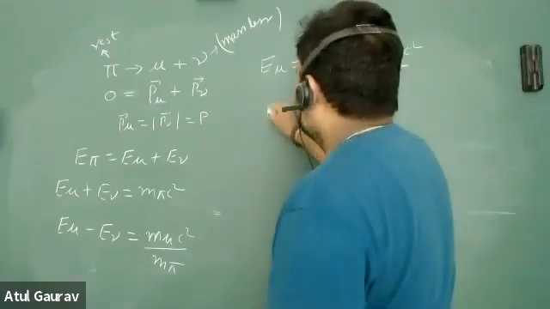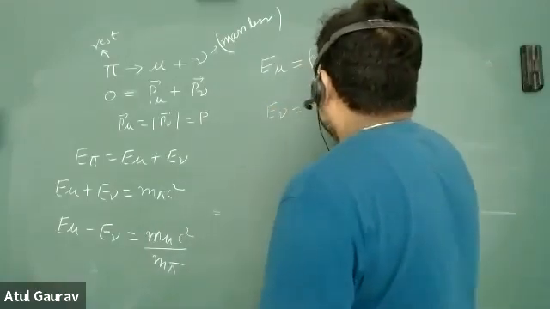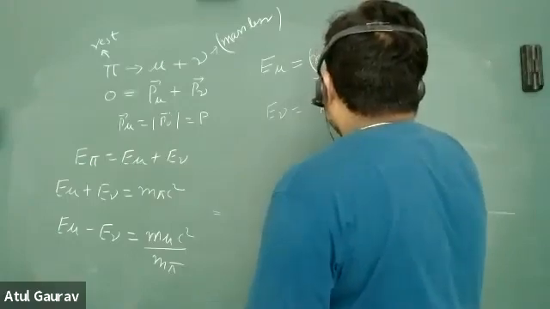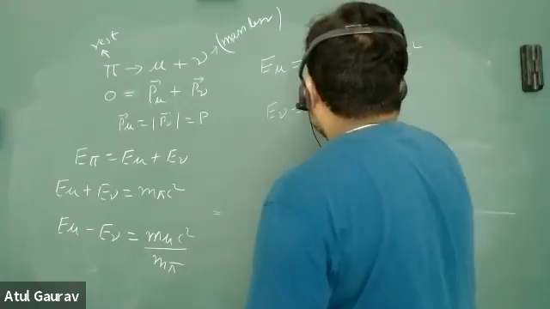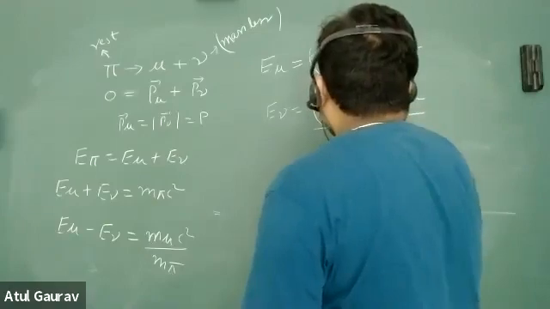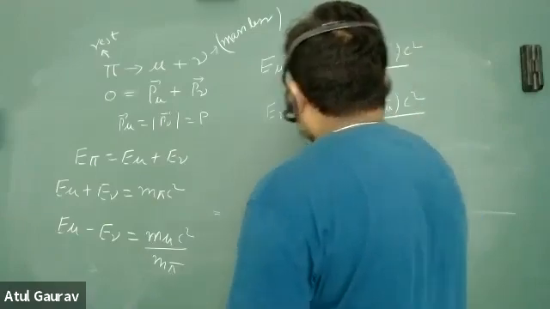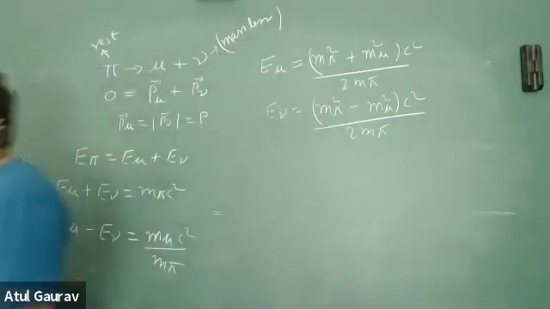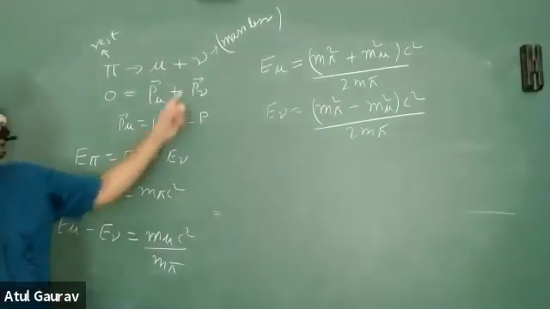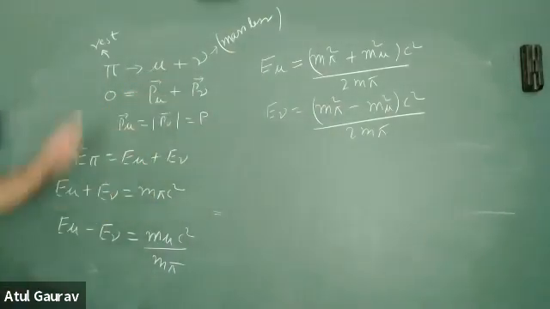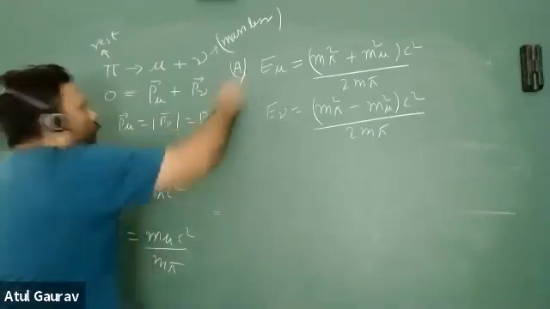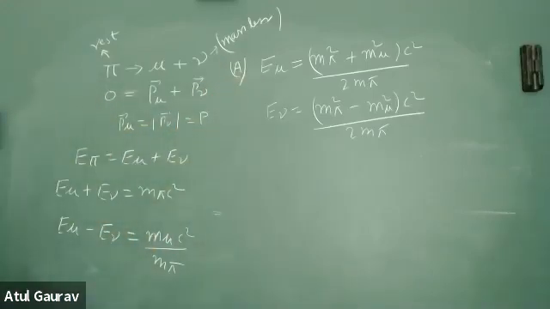So E nu is equal to m pi square minus m mu square, c square by 2m pi. You can put it in the last question also, with m nu equal to 0. So the first question I have done. I have deliberately rushed it, but if you have any doubt, you can ask me, then we will go for momentum.